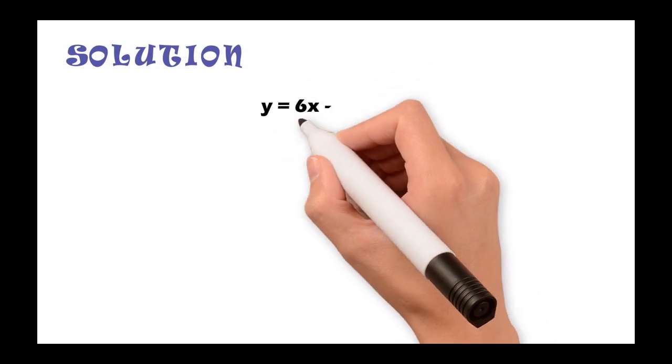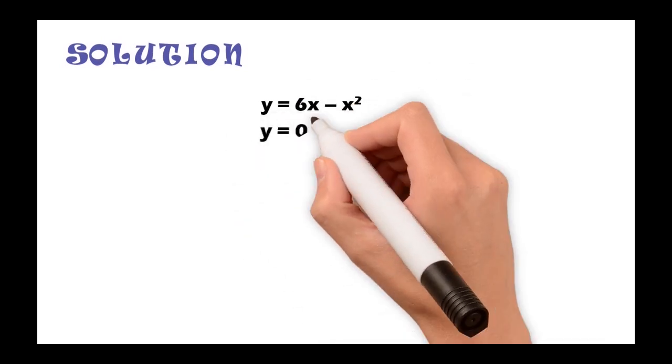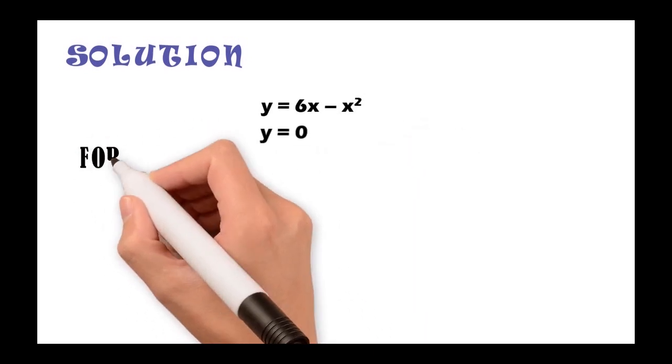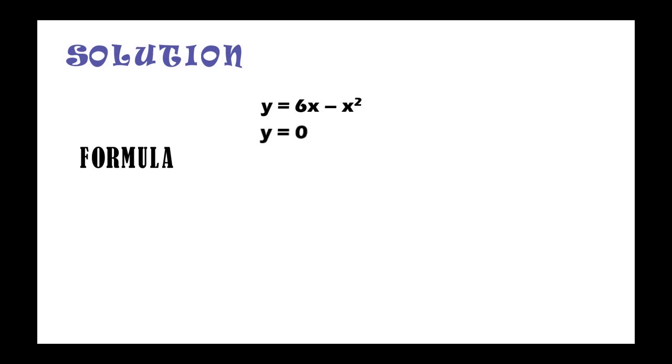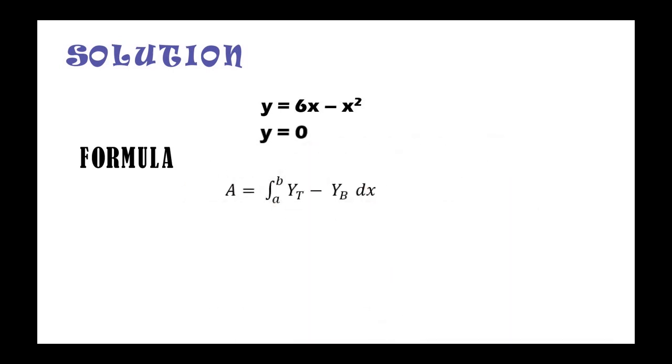From the analysis, let's substitute the information into the formula. The formula is area equal to the limit a to b, function on the top minus function on the bottom, dx.